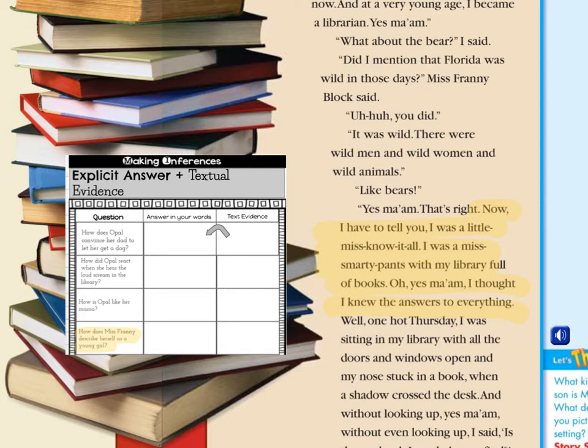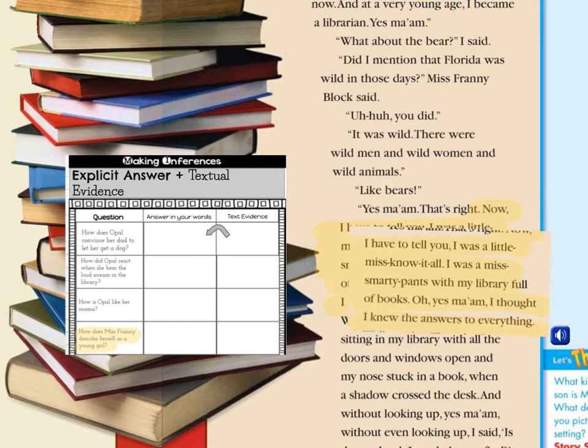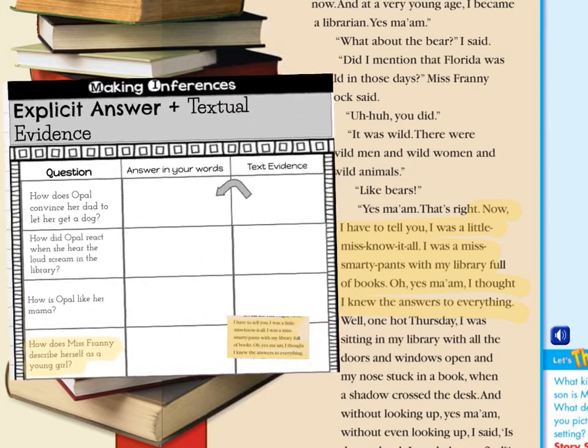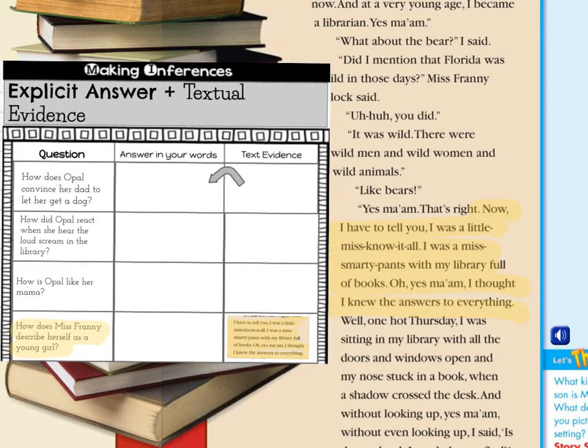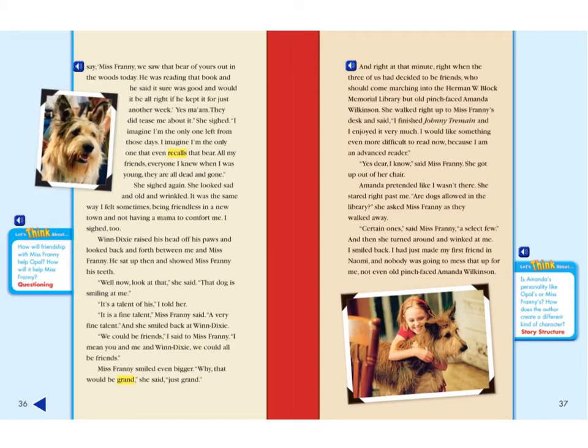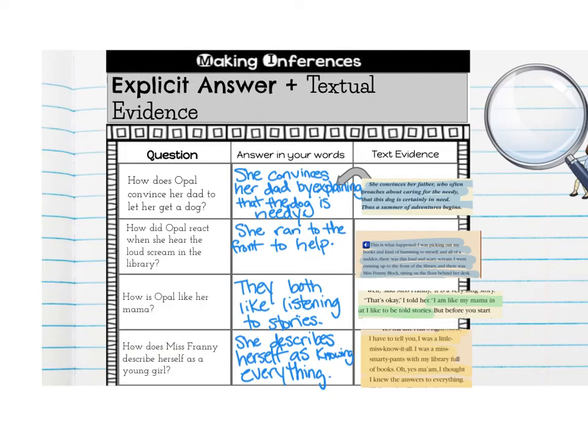So when filling out my graphic organizer, I would need to copy this word for word from the text to prove my idea. Here you can see my brain work for the things that we spoke about and went and found the answers to on those explicit answers with that evidence quoted word for word from the text.